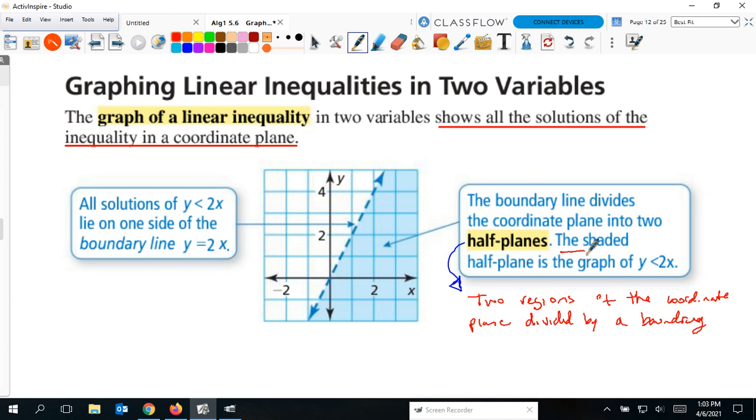The shaded half plane is the graph of an inequality. You don't have to write this, you can say inequality here.